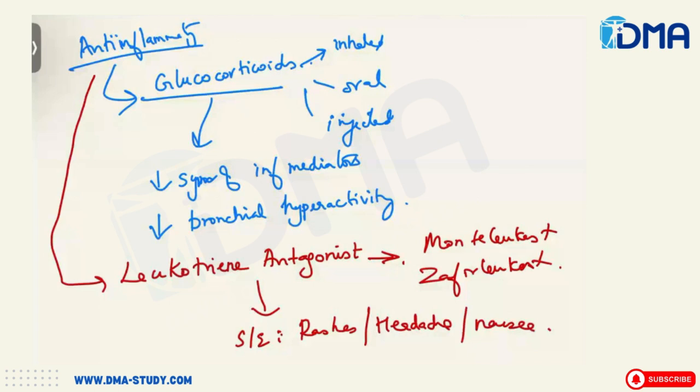Okay. Then the other anti-inflammatory that is used is the mast cell stabilizers. The drug used is sodium cromoglycate.